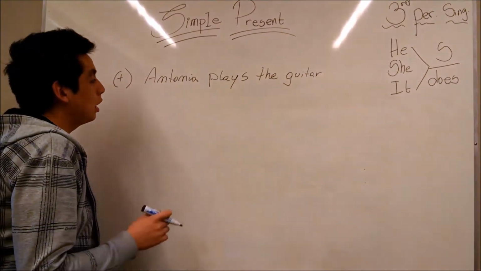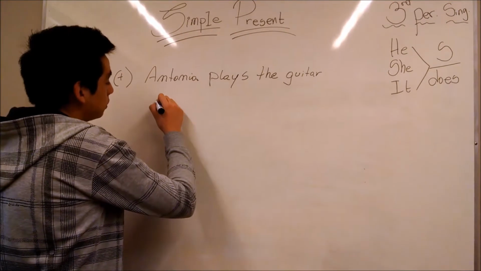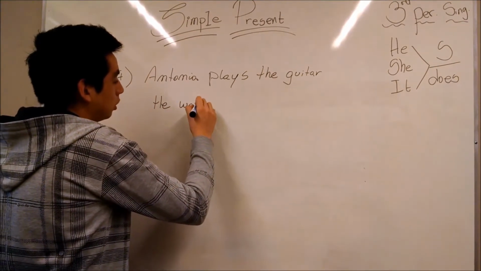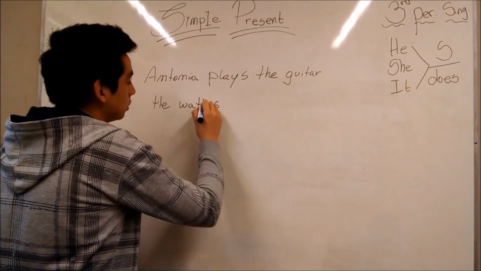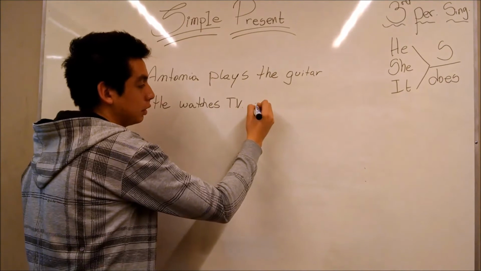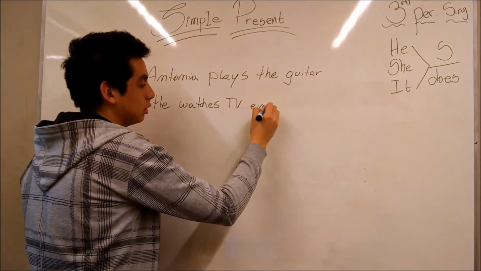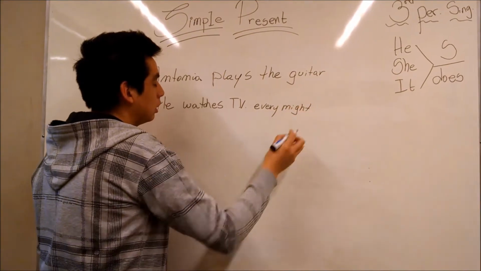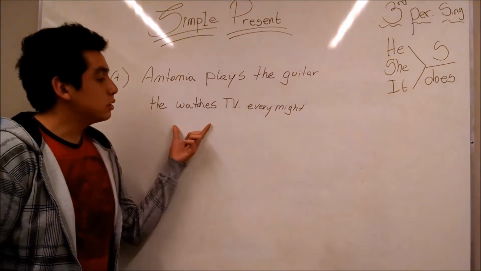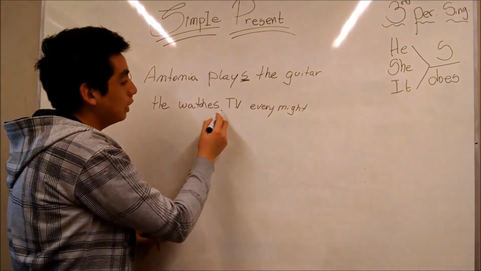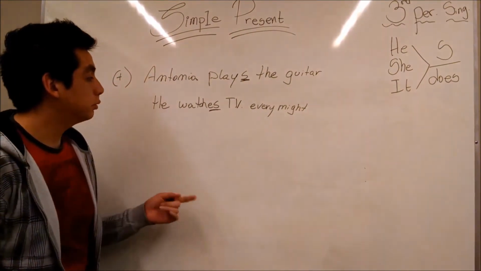Okay, or also we can use he watches TV. He watches TV every night. Remember that we have to put an s or es at the end of our verb.